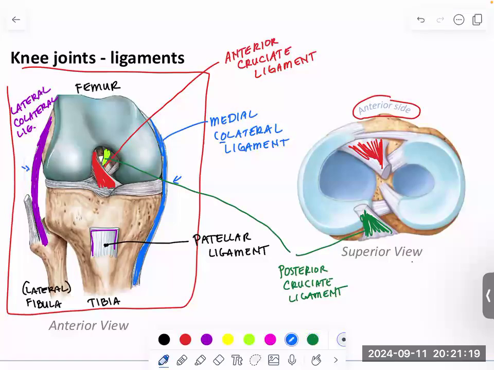Don't forget, hold on, let me see what color schemes I used. I haven't used pink yet. Don't forget to tell me what's in here. What's that pad called? Meniscus. You have two of them. Here they are. Meniscus means half moon. They look like half moons.